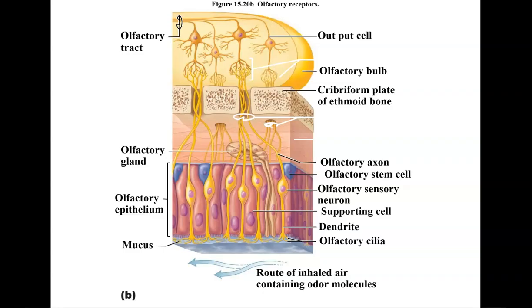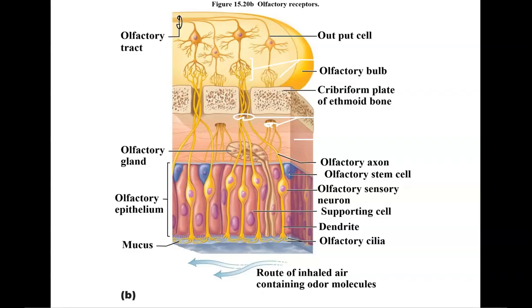These fibers are going to synapse with neurons located in enlargements called the olfactory bulbs that I've also pointed out. This is where they then travel through either side of the crista galli of the ethmoid bone.